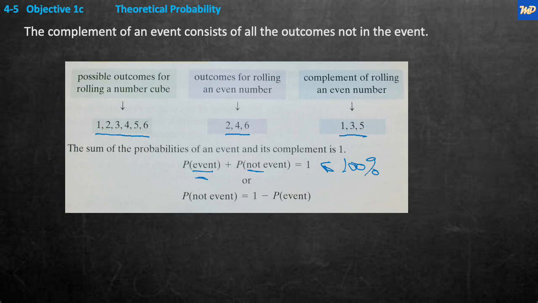And so P of not the event is 1 minus P of the event that you're looking for. In our case, 2, 4, and 6 is 1/2 of the possible outcomes. If you take 1 and subtract 1/2 from it, the complement of the event is 1/2. It's the other half.